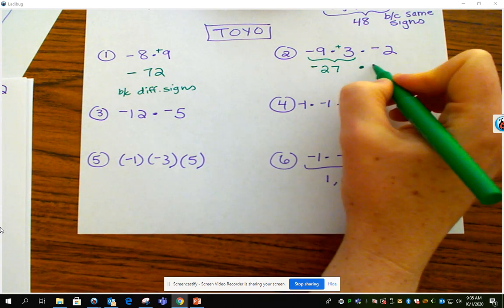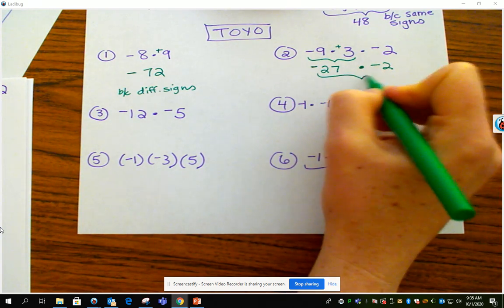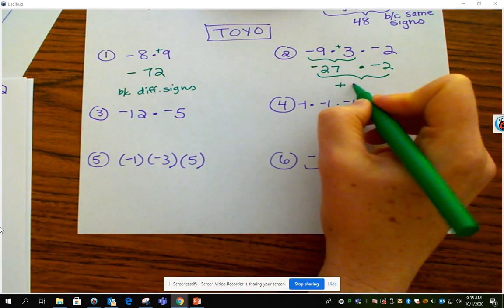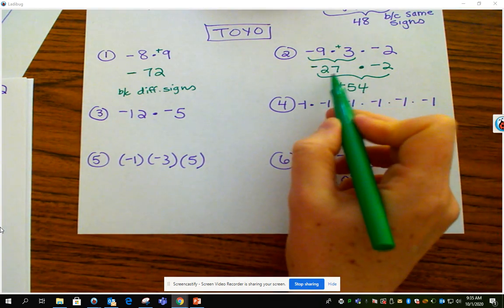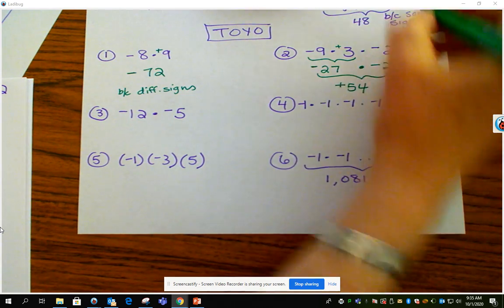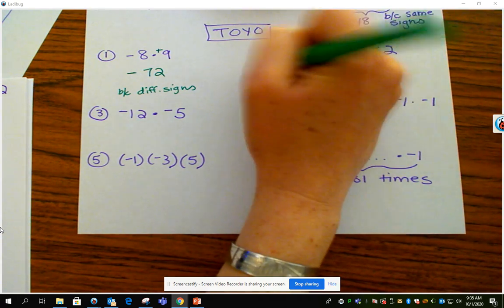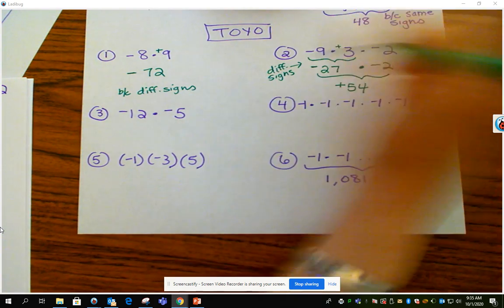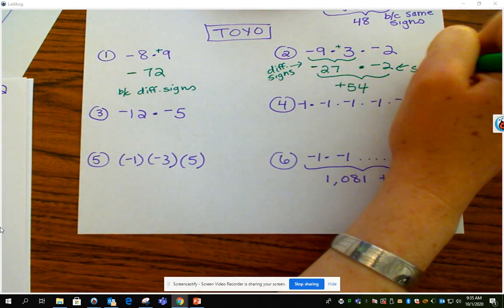And then I'm going to bring down my -2. Now I have the same sign, so I know I'm going to have a positive answer of 54. And no, you don't have to write the positive sign, but that just helps. So here we had different signs. And here we had same signs.